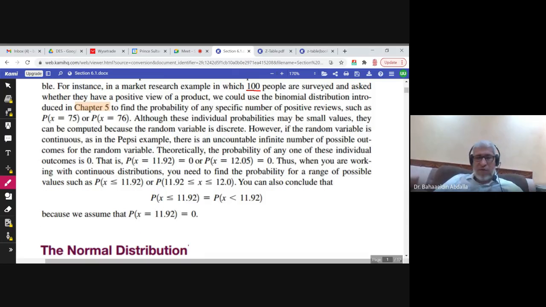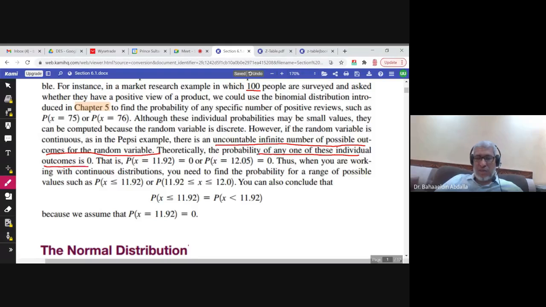While if you consider a continuous random variable, we have an uncountable infinite number of possible outcomes. So we cannot give a probability for each value of X. Simply, we say that the probability of any one of these outcomes is just 0.